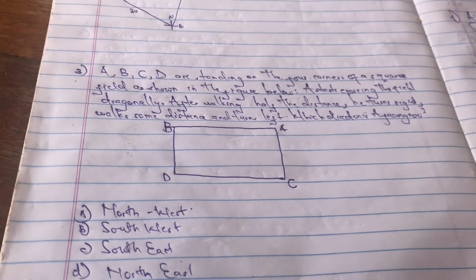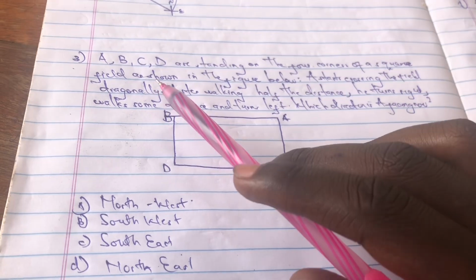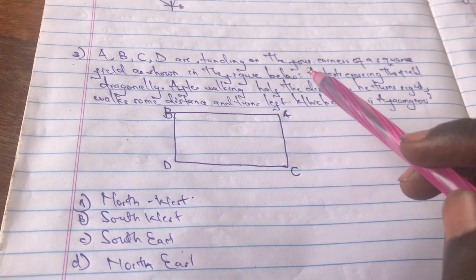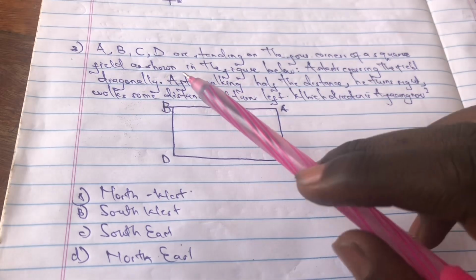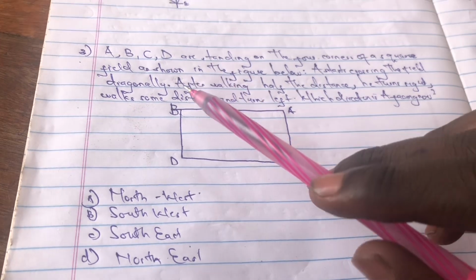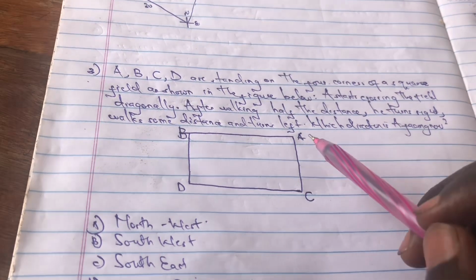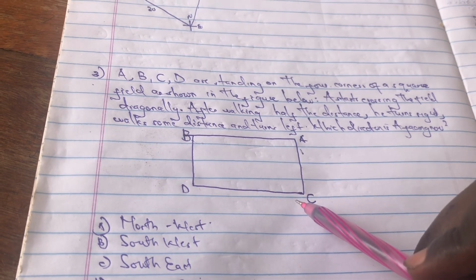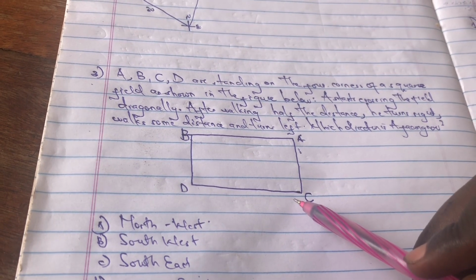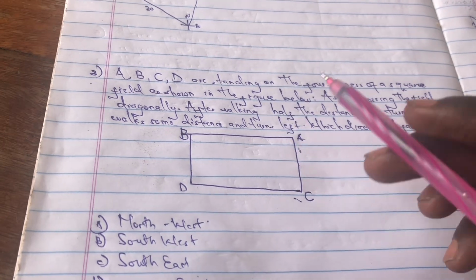They are saying A, B, C, D are standing on 4 corners of a square field as shown in the figure below. A starts crossing the field diagonally. After walking half the distance, he turns right, walks the same distance, turns left. Which direction is he moving? So they are saying A, B, C, D are standing on the 4 corners of the square. Then they are saying A starts crossing the field diagonally.